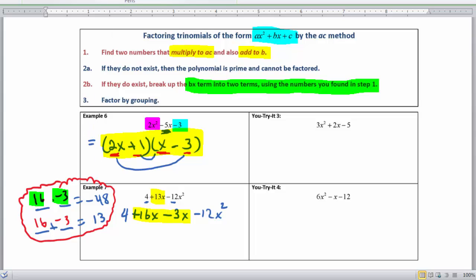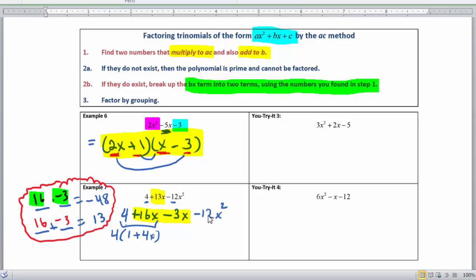Right? So the idea of doing this is now it's broken up, and now I just factor by grouping, and it'll all work out. So remember what grouping said: take a GCF from the first two terms, which would be 4, and then I'd be left with 1 plus 4x.